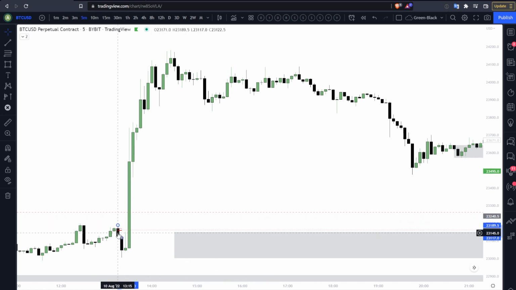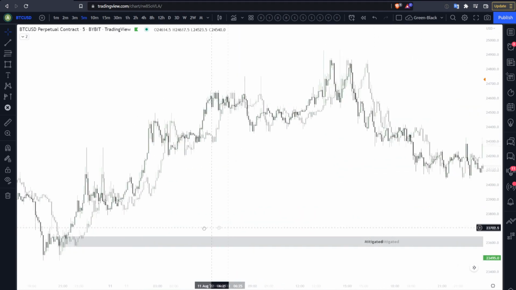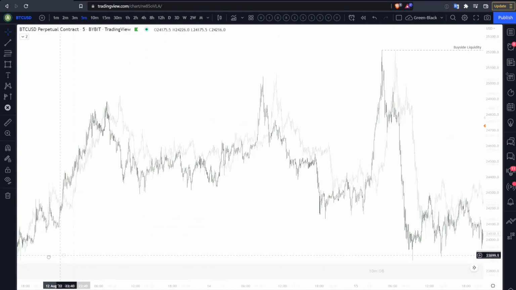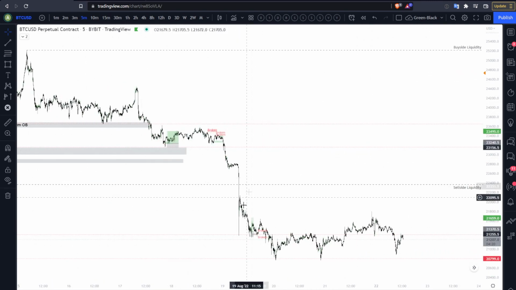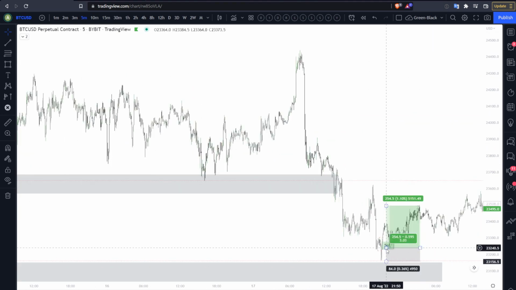So once I drew this dotted line to see if we actually reached this level or if we bounced from it, it turns out that we reached it exactly here.